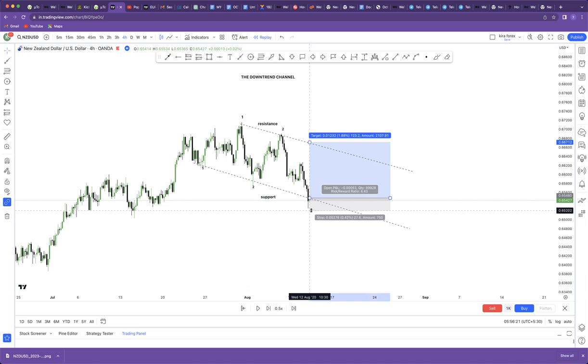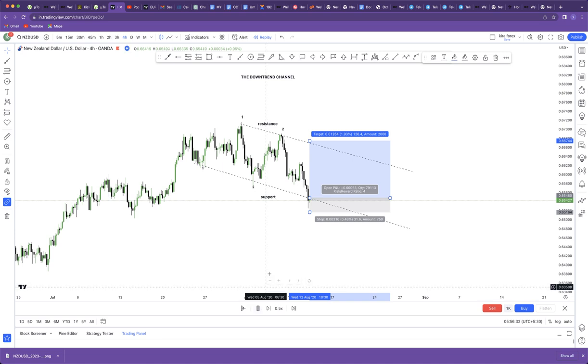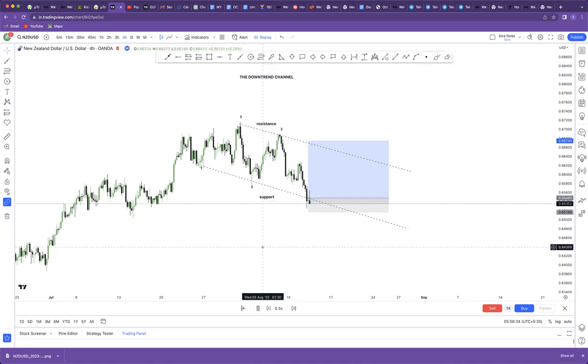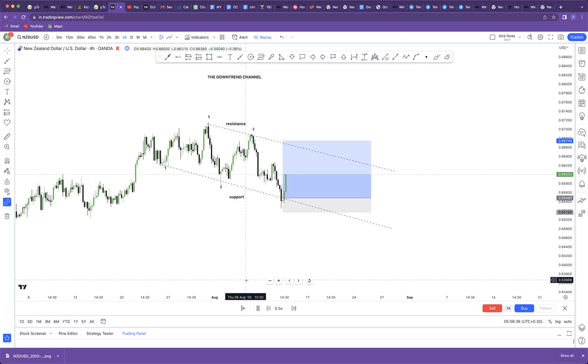So let's see the reaction of price around the support, and then let's see if price will take us to our take profit. So let's play and see the reaction of price around that area.